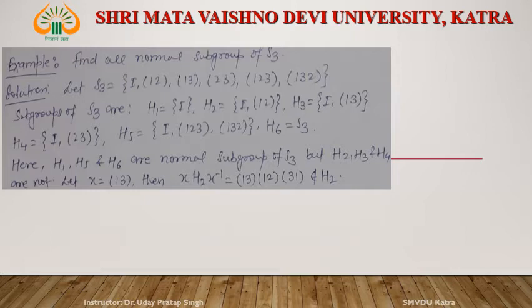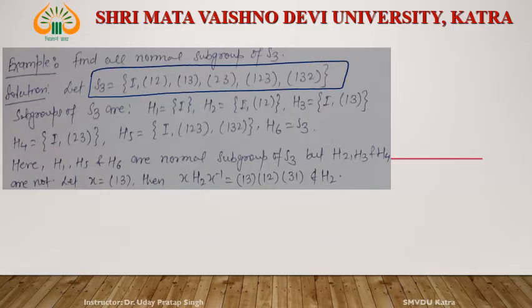Next, find all the normal subgroups of S3. See, what are the subgroups of S3? What is S3? S3 is this. We already discussed it in the previous lecture. Now, consider H1. H1 is identity, right? And first evaluate two normal subgroups, right? H1 is identity.